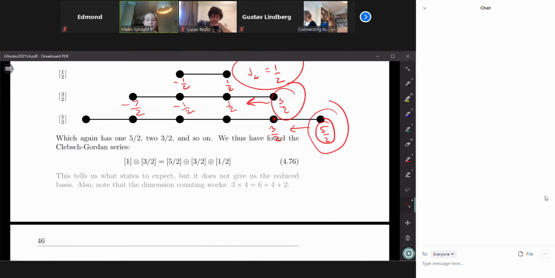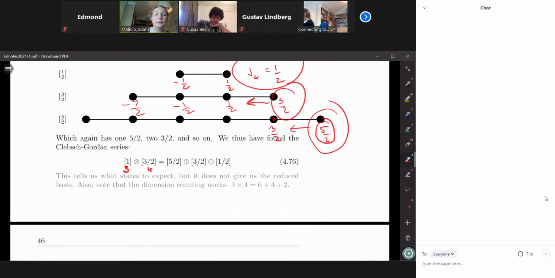And in doing this sort of exercise, it's also very useful to check that the dimensions add up the way they should, because then you have most likely not missed anything. So here, for example, the spin 1 state had 3 states, and the spin 3/2 state had 4 states.